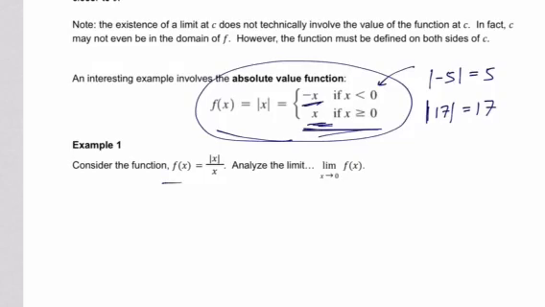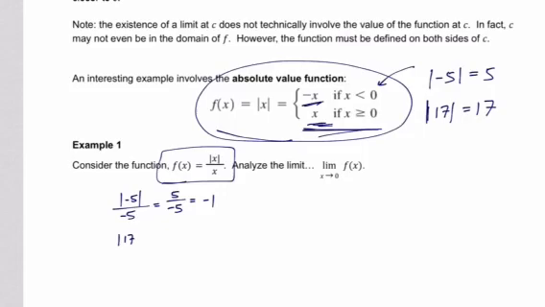Now our function f of x is defined using the absolute value. We're taking the absolute value of x divided by x. And for any negative number, what's going to happen is the absolute value turns the numerator into the opposite, but the denominator stays the same. So I get, for example, 5 divided by -5 equals -1. And we're always going to get -1 for any negative value.